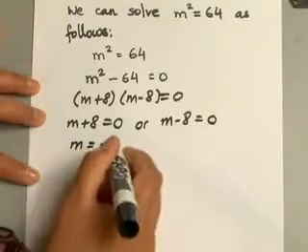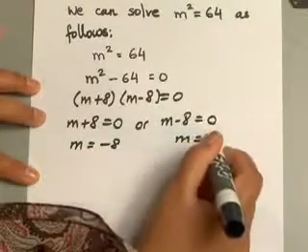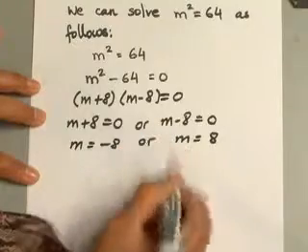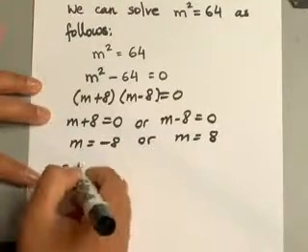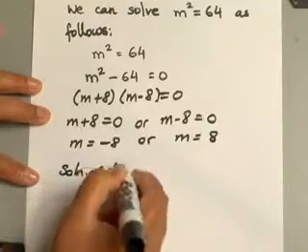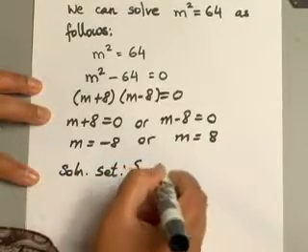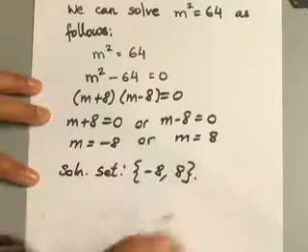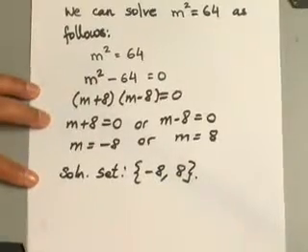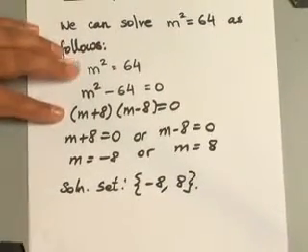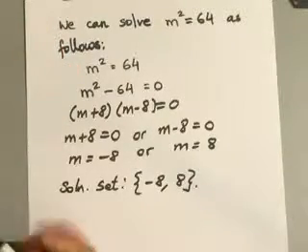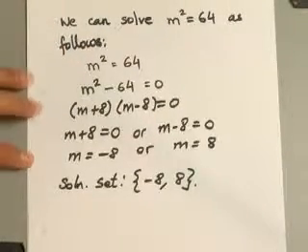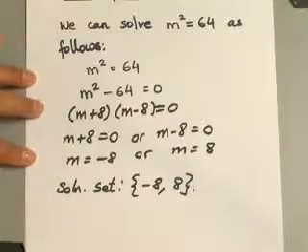Solve each one of these equations and you end up with m equals negative 8 or m equals positive 8. So our solution set for this equation is negative 8 and positive 8. Again, if you want, you can go back and check your solutions in the original equation and see that both solutions will work.